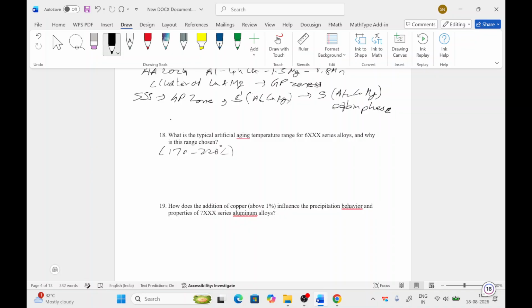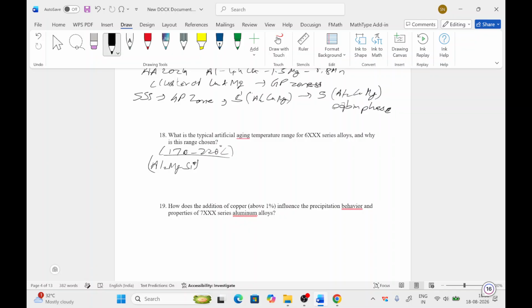This temperature range provides the formation of GP zones, the aluminum MgSi precipitate GP zones form in this region only because it needs high diffusion.